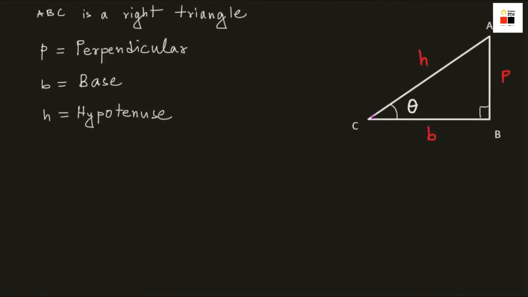Now let ABC be a right angle triangle, right angle at B. P equals perpendicular, B equals base, and H equals hypotenuse.